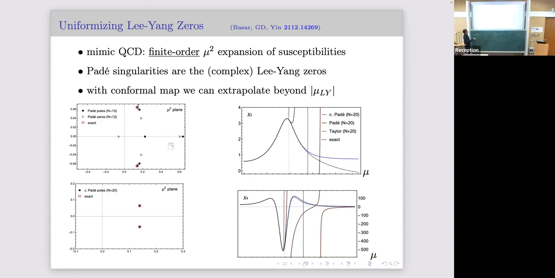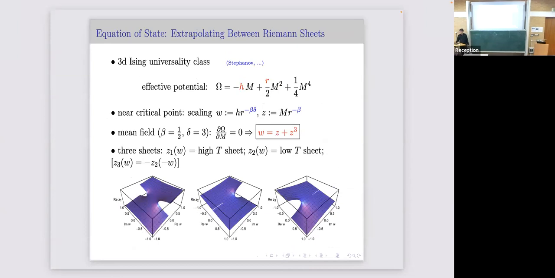And if you do a conformal map as well, then you get this blue line, which resolves this much better. Likewise, for the fourth susceptibility, the conformal map and Padé is much better. If you just do Padé, you hit these unphysical poles, and you can't go very far beyond what you would get just from the Taylor expansion. Okay, so that's sort of interesting.